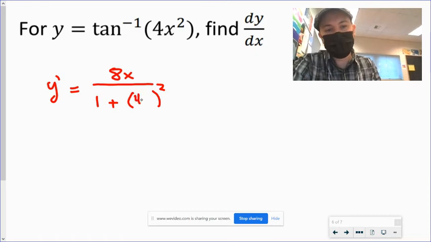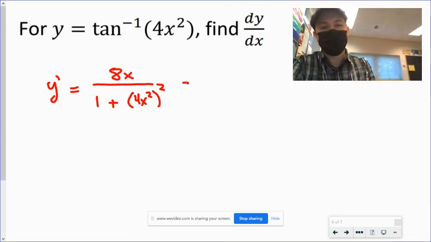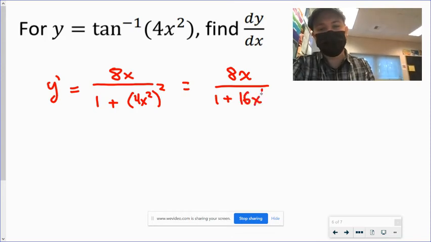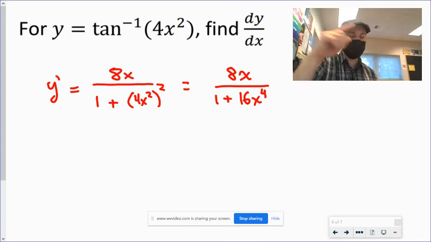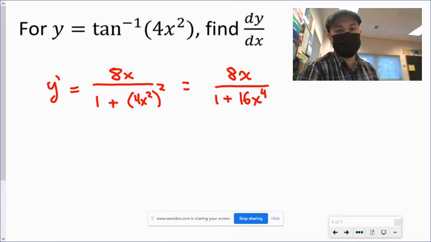So the inside function 4x squared goes in there. Simplifying, I get 8x over 1 plus 16x to the 4. So apparently that rational function is going to be the derivative of the tangent inverse of 4x squared.